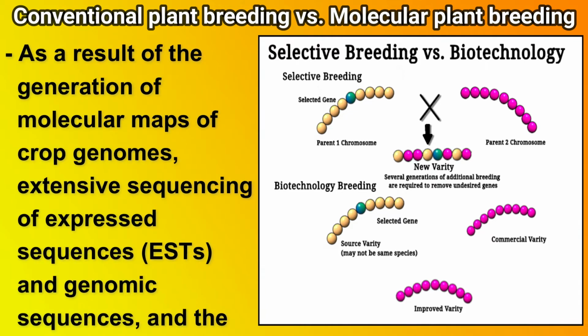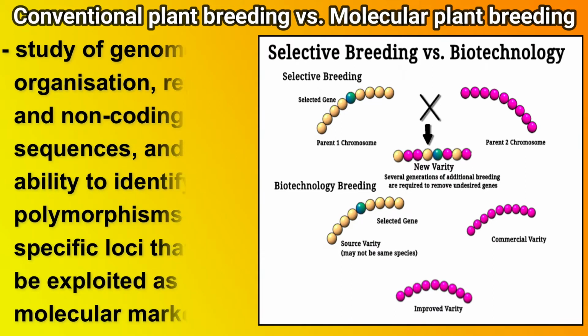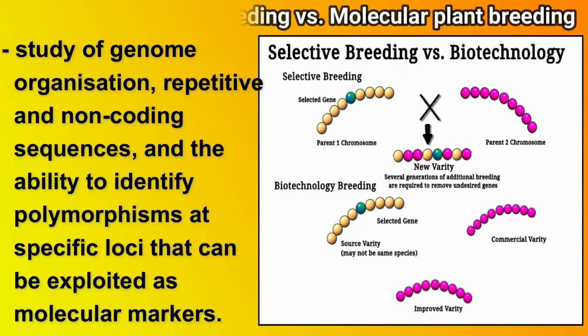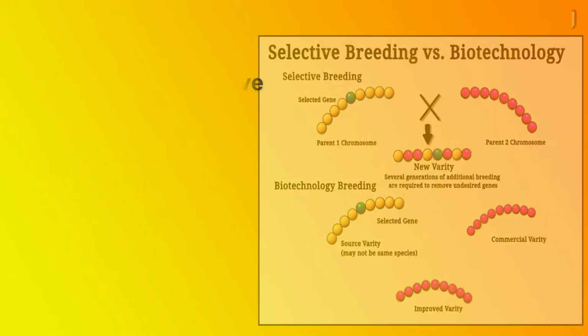As a result of the generation of molecular maps of crop genomes, extensive sequencing of expressed sequences and genomic sequences, the study of genome organization, repetitive and non-coding sequences, and the ability to identify polymorphisms at specific loci that can be exploited as molecular markers.